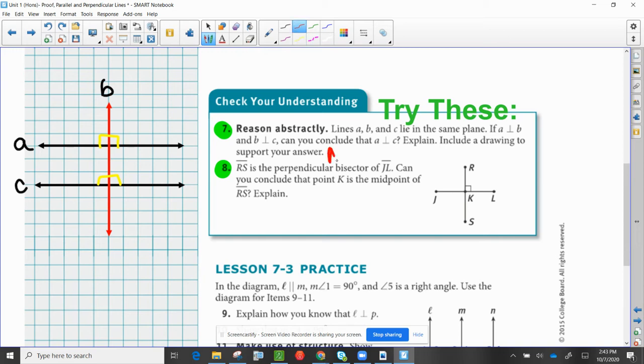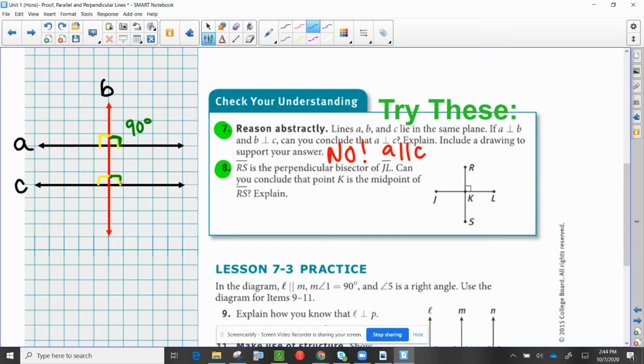Well, hopefully you figured out that no. If you look at this picture, A and C are not even touching each other. So A and C are actually parallel. A is parallel to C, because if we look at these angles, we have this angle here, which we know is 90 degrees.